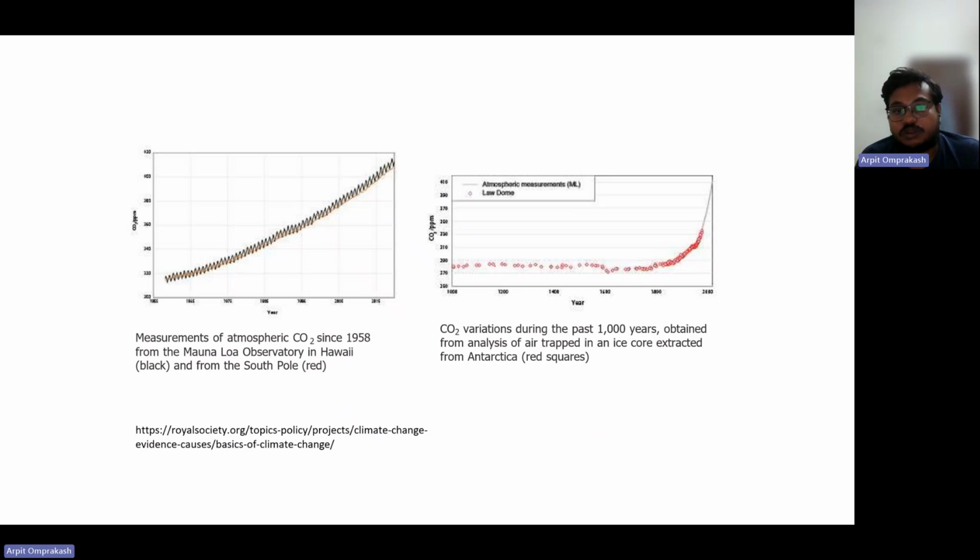And if we expand the range, instead of 1958 to 2016, and look at the past 1,000 years, the amount of carbon dioxide in the atmosphere was quite low for a very long time. Around the 1800s, 1850s, it started increasing along with the industrial revolution. In the past few years, it has increased quite a lot, and it's also predicted to increase more.